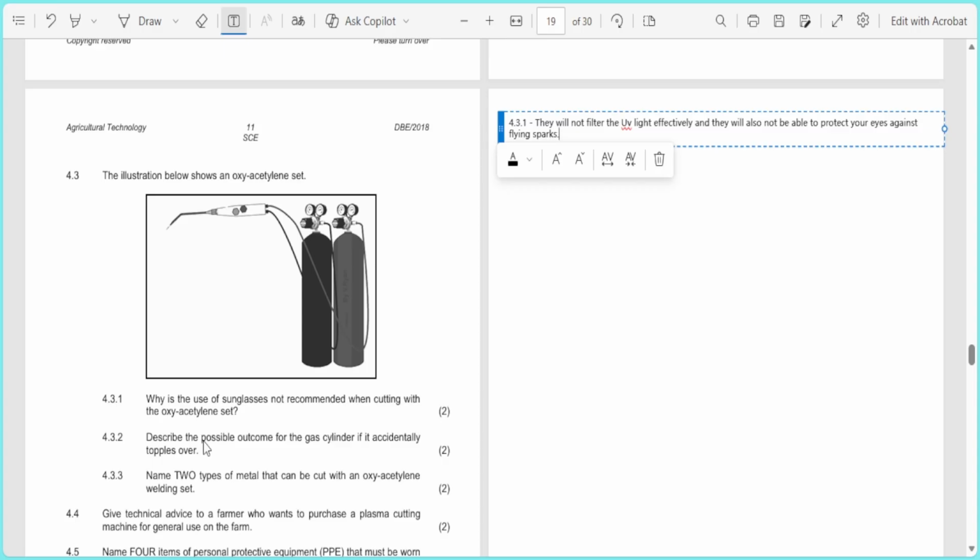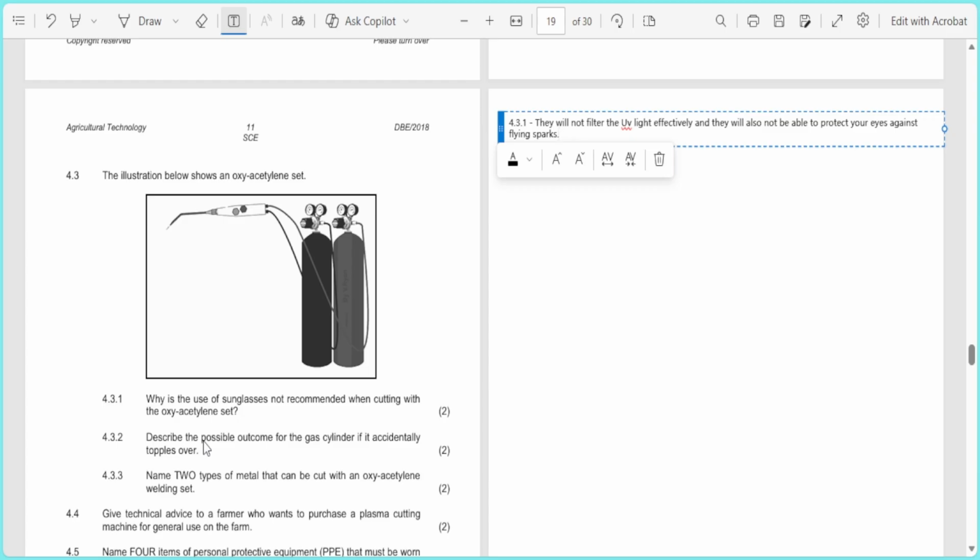The cylinder can become like a rocket, shooting through walls. These are real incidents where it has caused fatalities as well. I haven't seen a situation like this, but I have read about such situations.